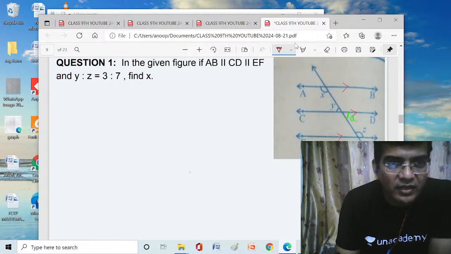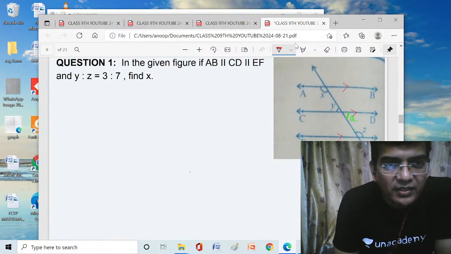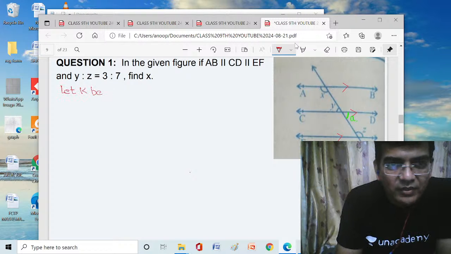Before that, here you see the ratio of the two angles is given. Whenever a ratio is given, your first step will be to take a ratio constant. So I will say let k be a ratio constant.